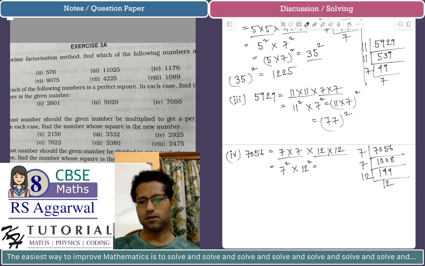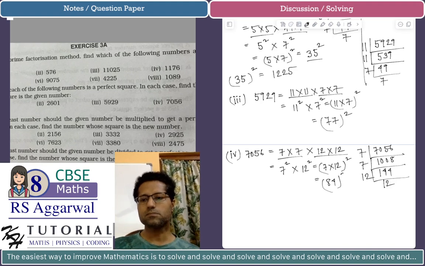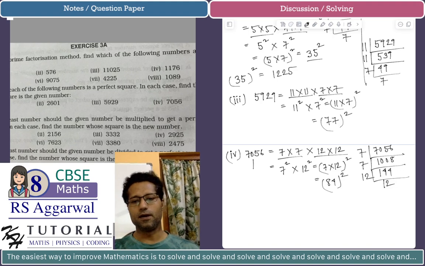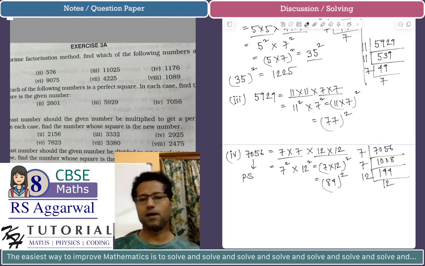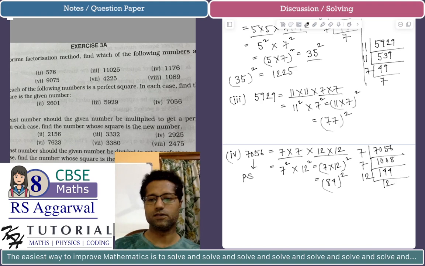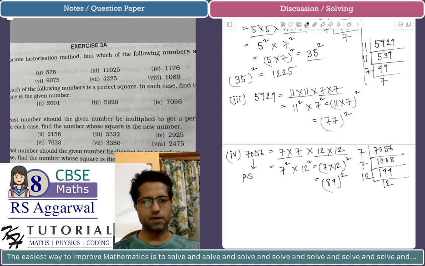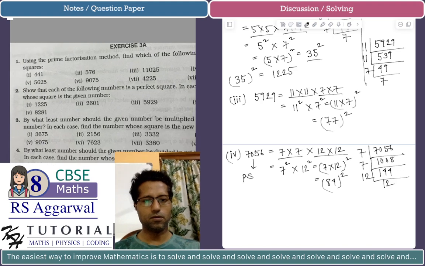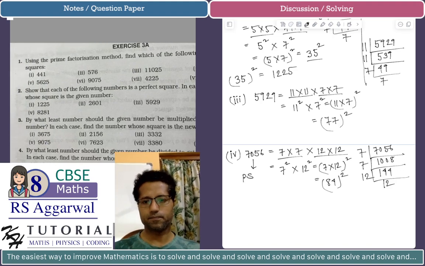This is 7 into 12 whole square, and 7 into 12 is 84 square. So this is definitely a perfect square, and the number whose square is 7056 is 84. Okay, I will not do the rest of the parts of problem 2. I will move to part 3.